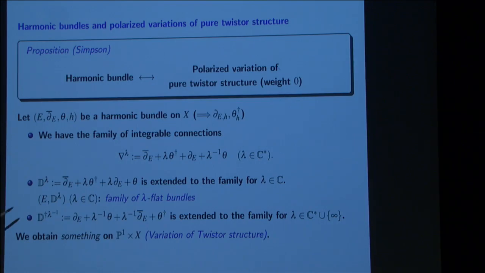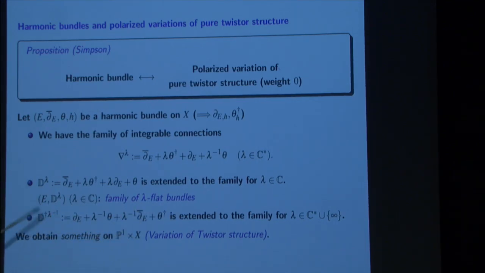And similarly, by considering the degeneration to the Higgs bundle of the conjugate of X, we can extend this family across λ equals infinity. So in this way, we obtain something on P1 times X. And this is a variation of pure twistor structure.